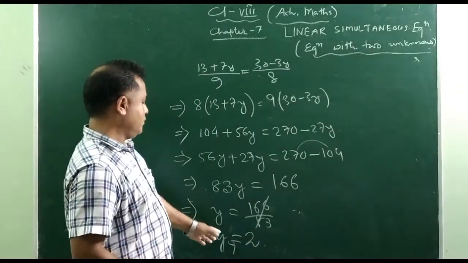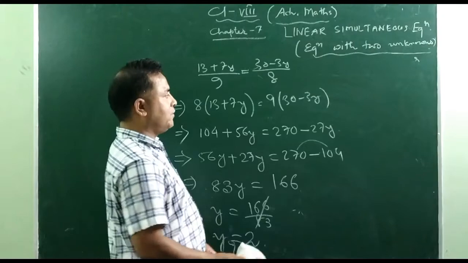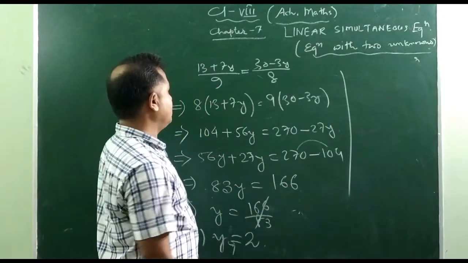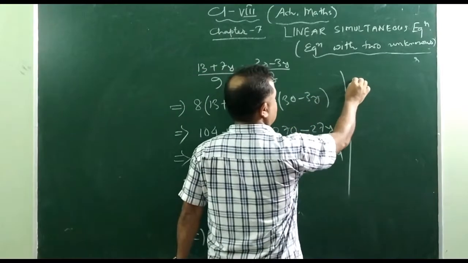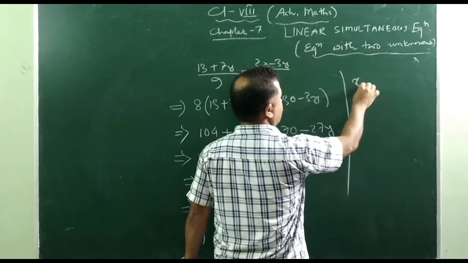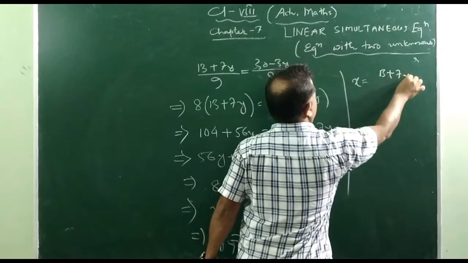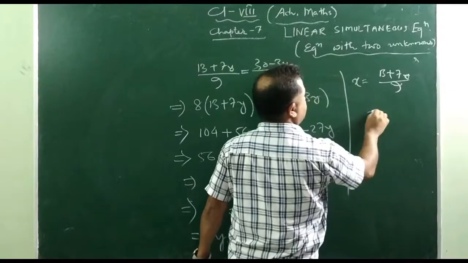Now we got the value of y, we need to find the value of x. How can we find the value of x? In the previous work there were two equations, equations 3 and 4. That is x is equal to (13 plus 7y) by 9.